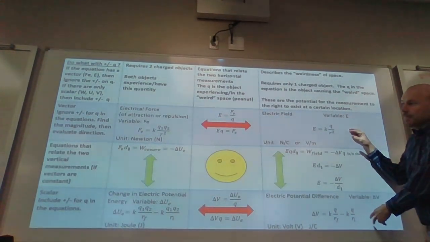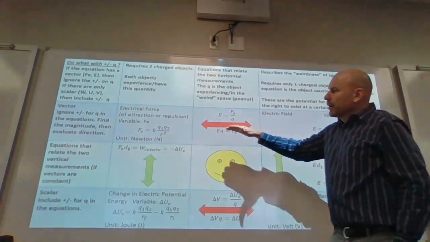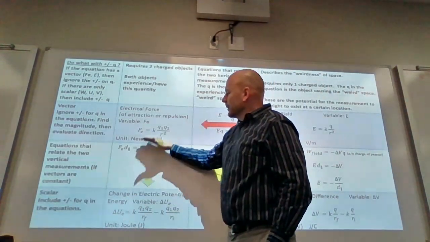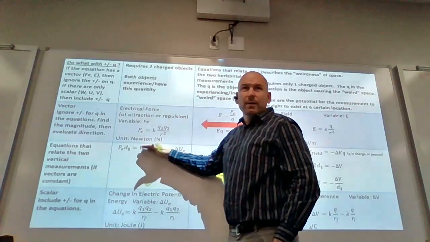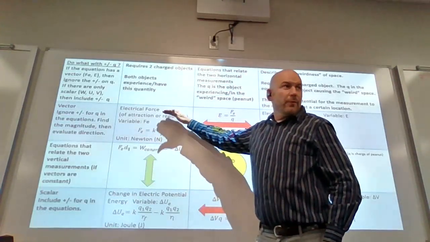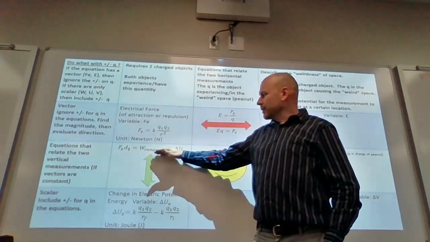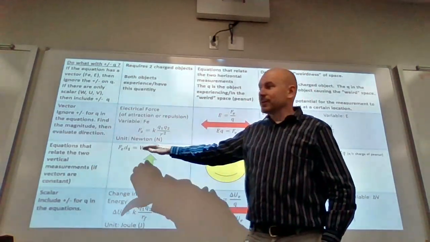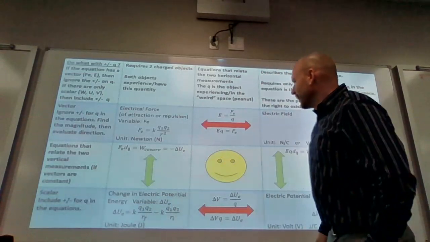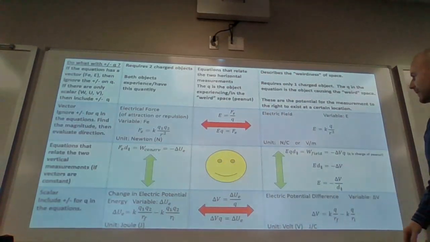Okay. To go between this and this, you have this idea of work. Okay, for force, change in energy. The work done by a conservative force is equal to negative change in potential energy. Force times distance.